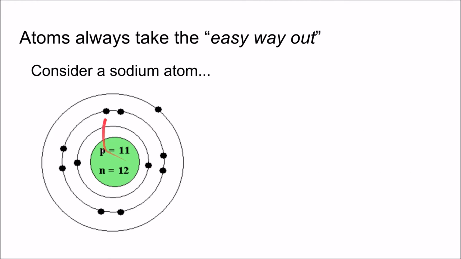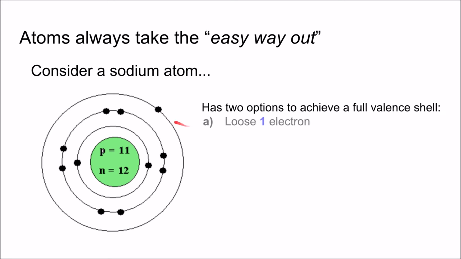So atoms always take the easy way out, kind of like you guys as students. Students are always looking for the easiest option when it comes to completing an assignment. So if we look at sodium, the goal of sodium, remember, is to have a full valence shell. So right now we have this one valence electron by itself, and so sodium has two different options to get that valence shell. What it can do is sodium can either lose this electron, so it can get rid of that electron.